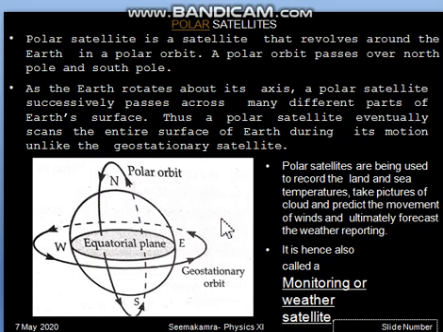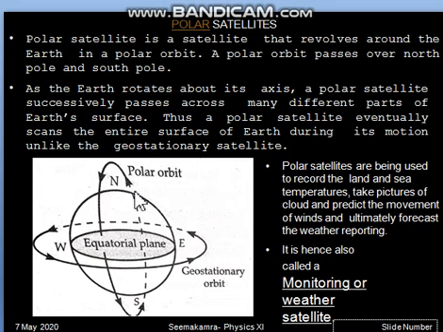Third difference is the height. Geostationary satellite is at a very good height from Earth's surface, approximately 36,000 km, but the polar satellite is very close to Earth, and because it is very close to Earth, its one revolution time will also be very small. So it will be helpful for us. We can have multiple revolutions of polar satellites in a small time.